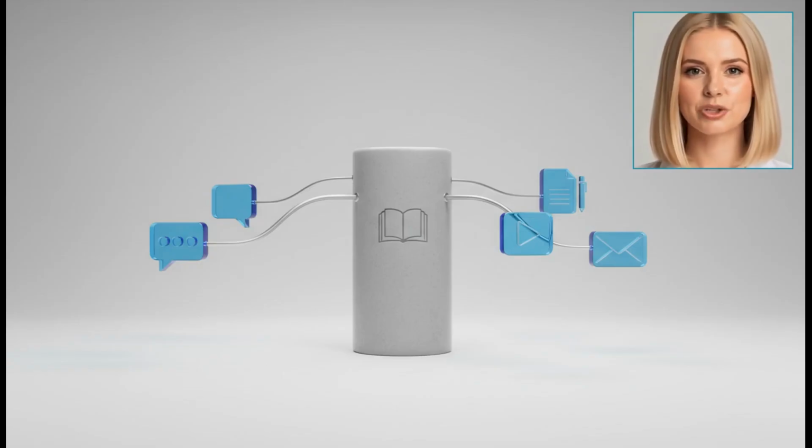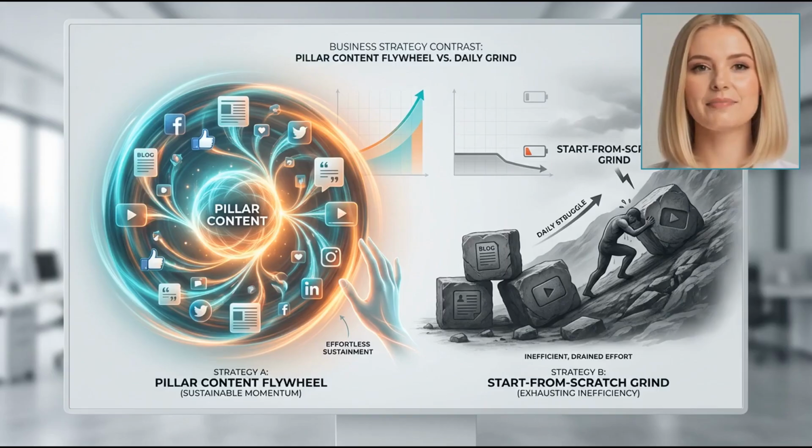That big initial push is your pillar piece of content, one substantial, valuable resource. Then, atomizing it, or breaking it down into smaller pieces, creates that incredible marketing momentum that spins with far less effort. It's the complete opposite of that draining, start-from-scratch approach most businesses take every single day.